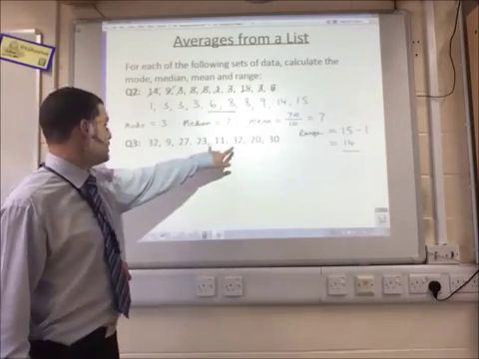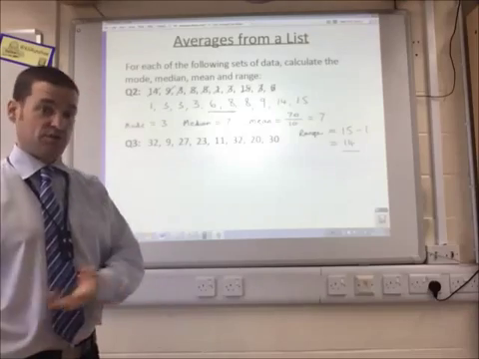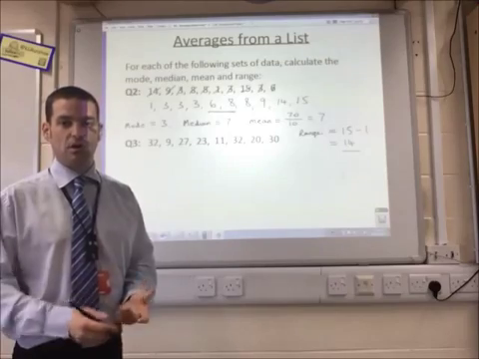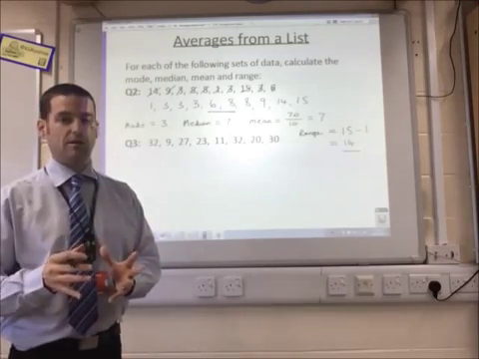Okay, final example. This one has 8 numbers in the list, so I'm just going to go through the same process again. Firstly, before I do any of the averages at all, make sure they've been written out in numerical order.